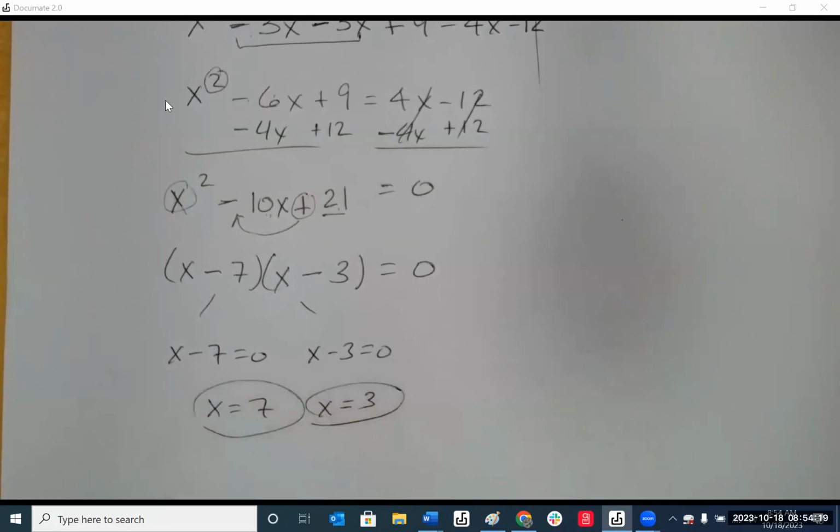And we get our two numbers. And we'll check those in a second.